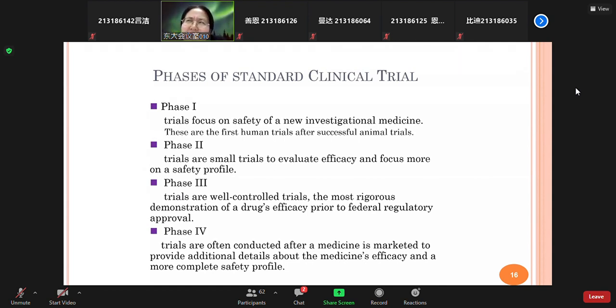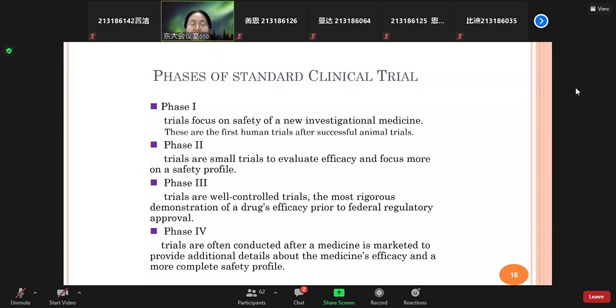And I remember maybe 20 years ago, my classmates, gentlemen, participated in a phase 1 clinical trial as healthy volunteers.